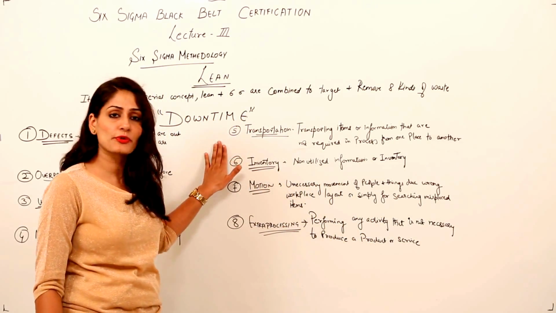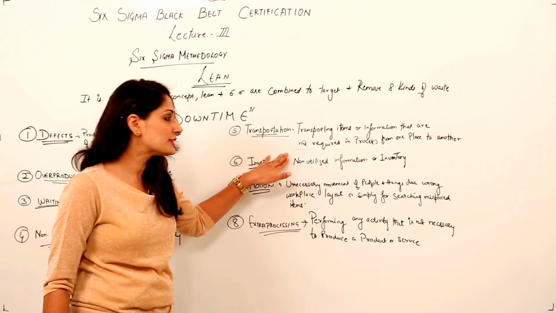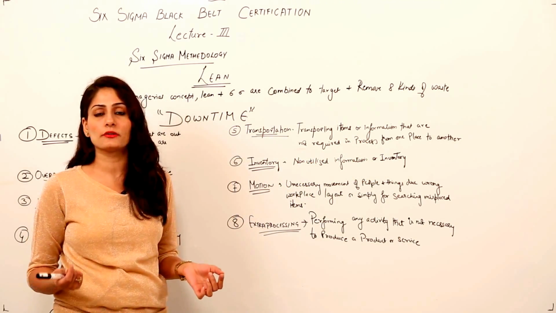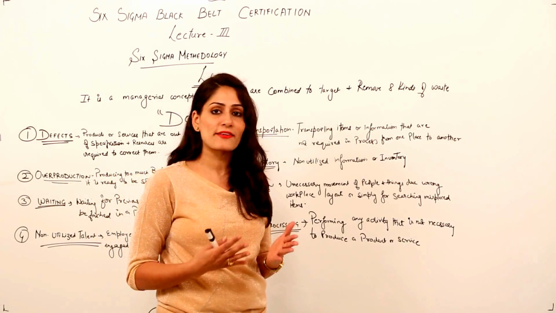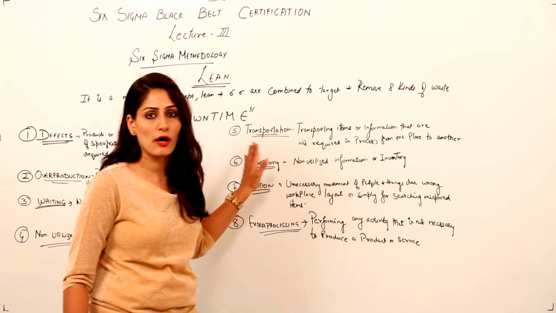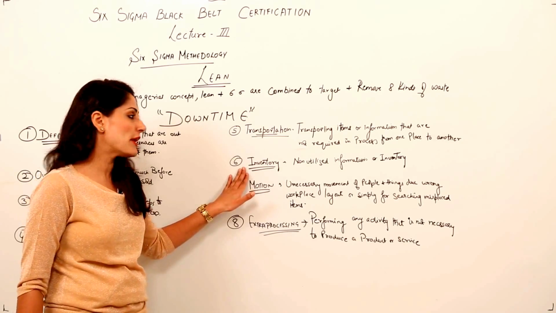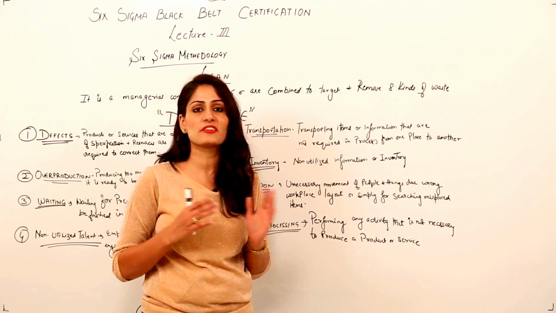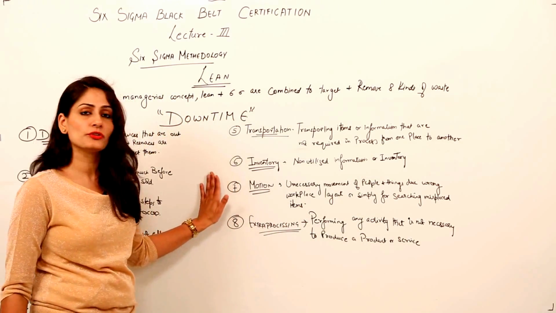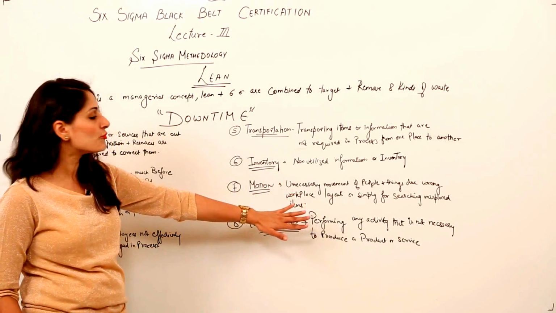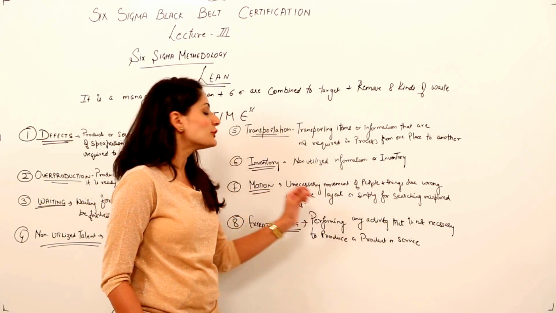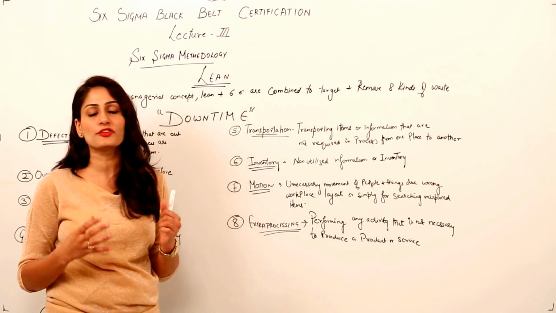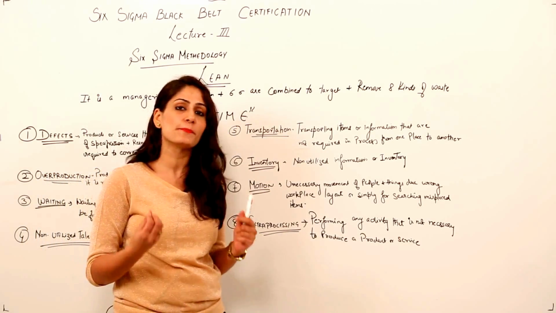Then comes transportation. That's transporting items or information that are not required in a process from one place to another. With this we are just wasting our time and money, and it also comes under wastage. Then comes inventory. This means non-utilized information or inventory which is just lying idle. Then comes motion. This means unnecessary movement of people and things due to maybe a wrong or misplaced workplace, or when they are wasting time to find misplaced items.